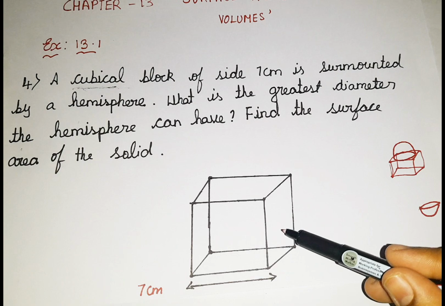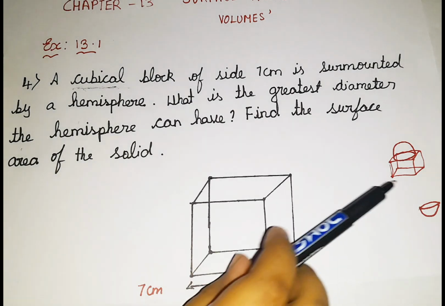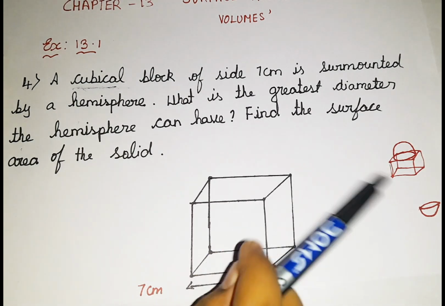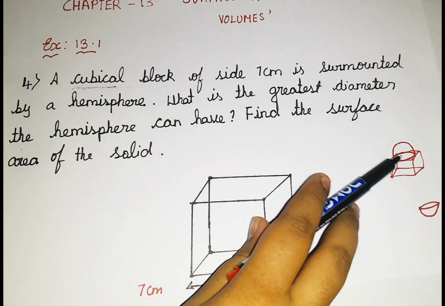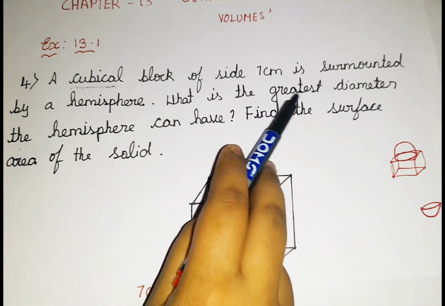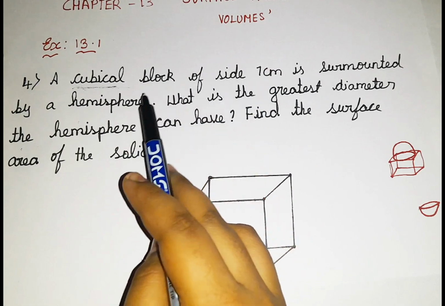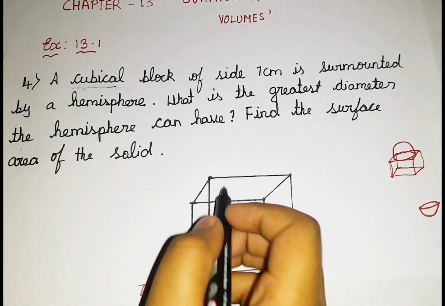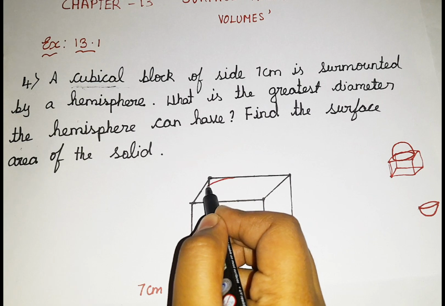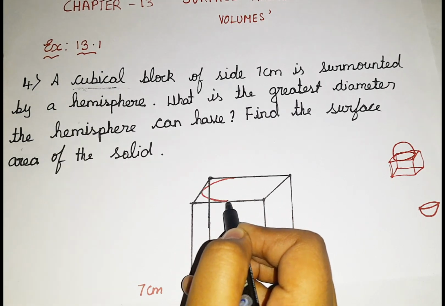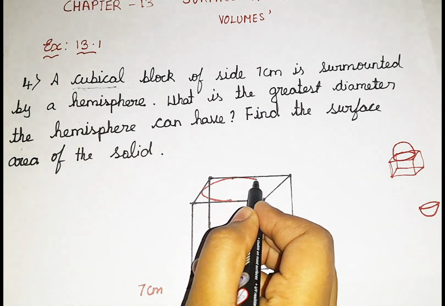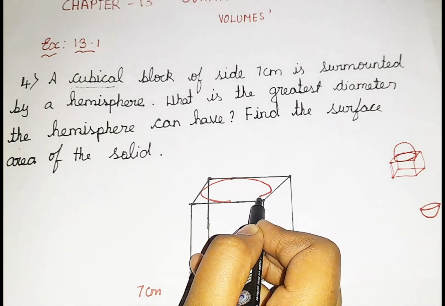Here you can see this is a cube. We are supposed to draw something like this. What is this one? This is a hemisphere. According to the question, upon the cube, the hemisphere is surmounted. So we are supposed to draw something like this. I am just drawing it with red color.